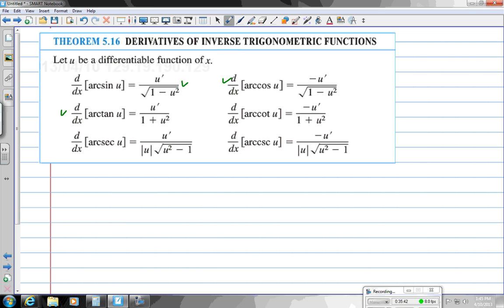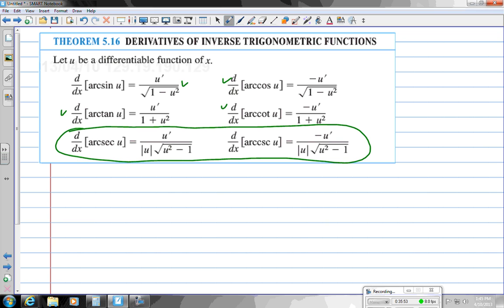We derived the derivatives of those three. Now, we didn't do arc cotangent, but it's just the negative of arc tangent. And we didn't bother deriving the last two.